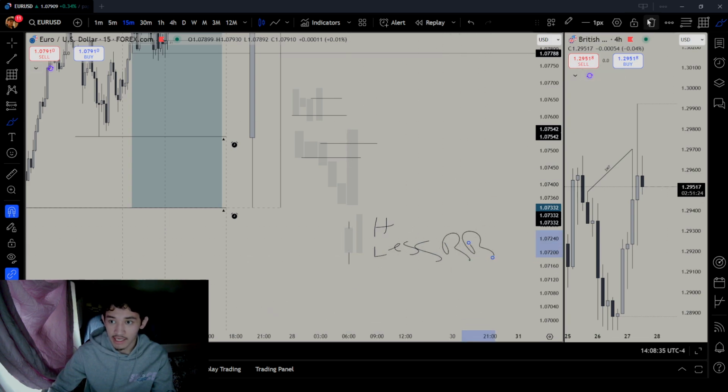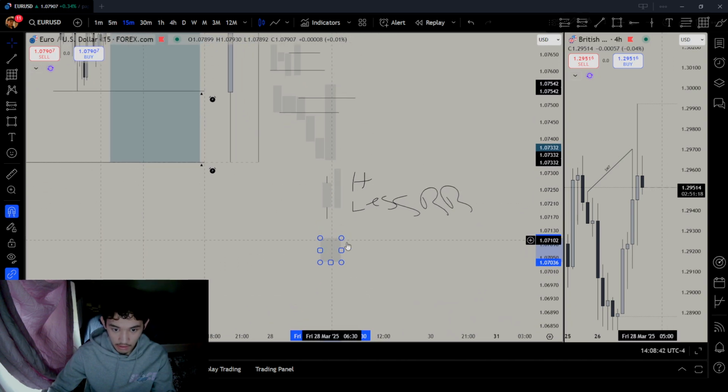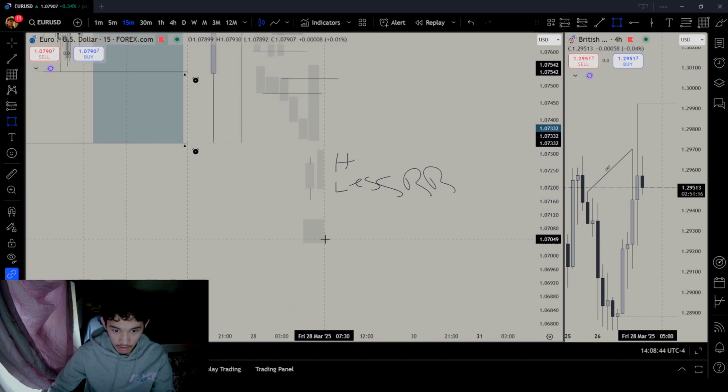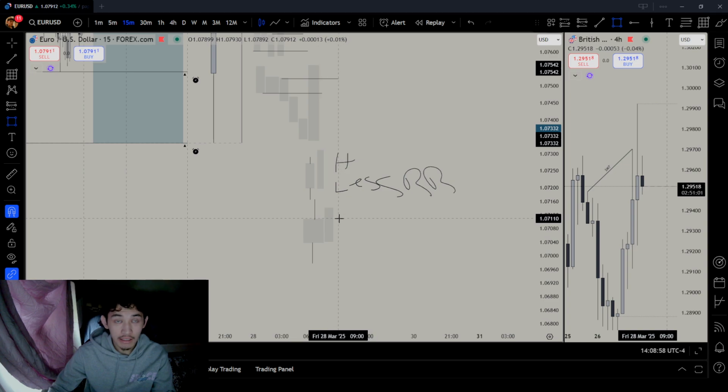The second scenario could be like this: the market does a candle closure here, just closing above the body. This is lower probability, but more RR.